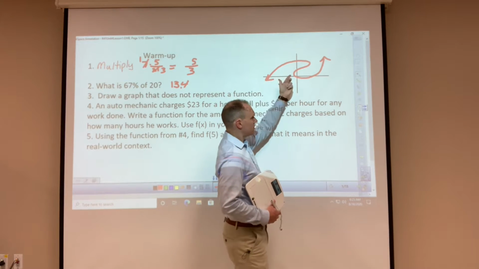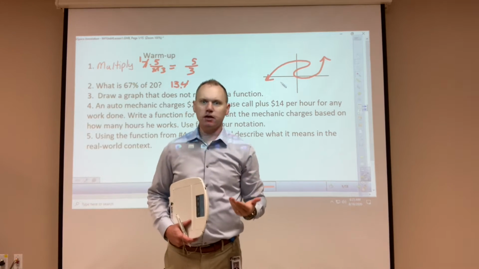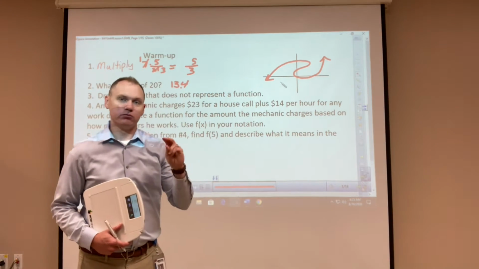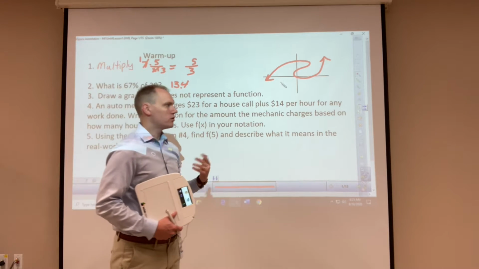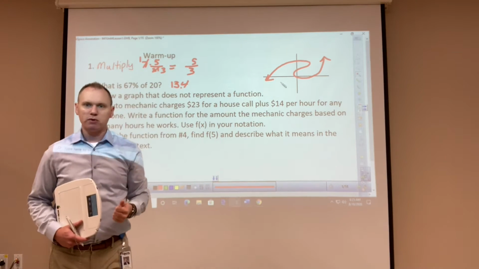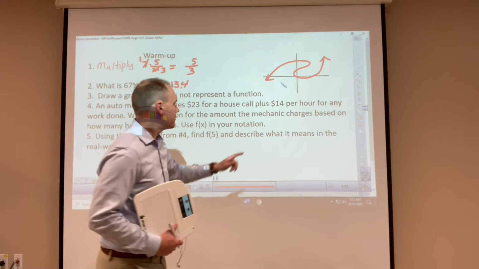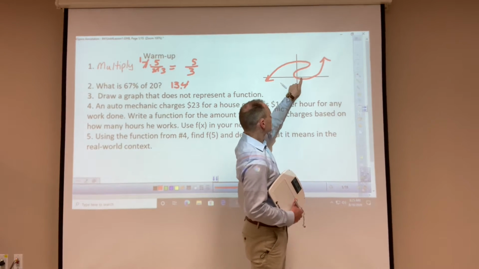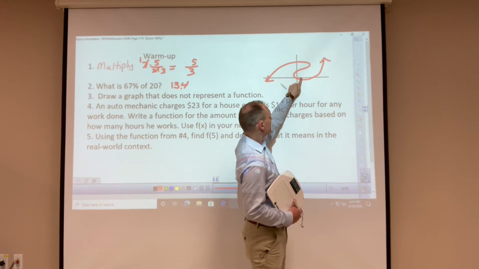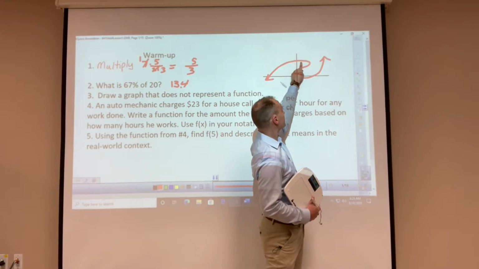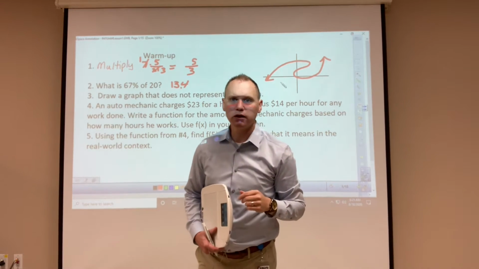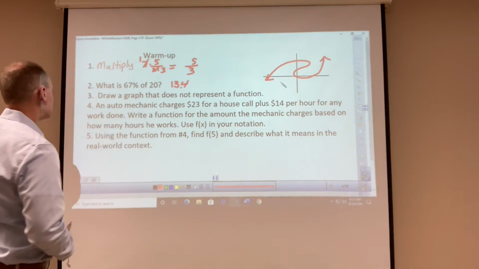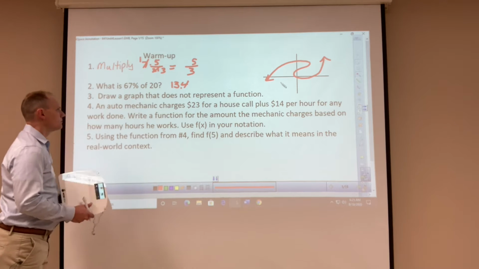The exact definition is anything that for every input has multiple outputs. Because to make a function, every input must have exactly one output. But for this input here, we've got actually 3 outputs. So maybe x equals 1 right here, but we have 1, 2, 3 y values that are associated with that. And so it's not a function. So hopefully you drew one that is not a function.